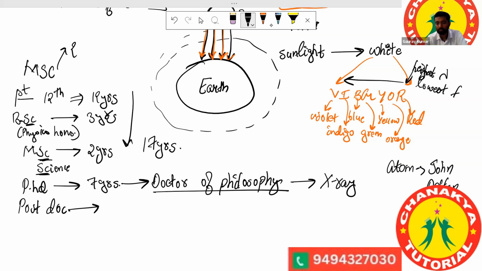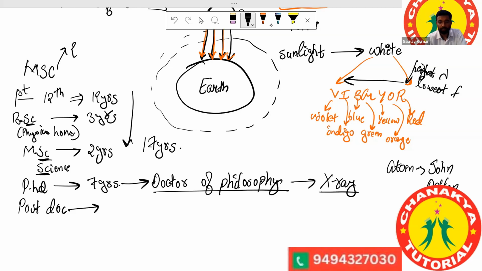Similarly, if someone is doing his postdoc, someone is doing his doctorate in philosophy of X-rays, much work is already done on X-ray, but there is always something new we get to know about X-ray. There are many experiments and many things which are done on X-ray.